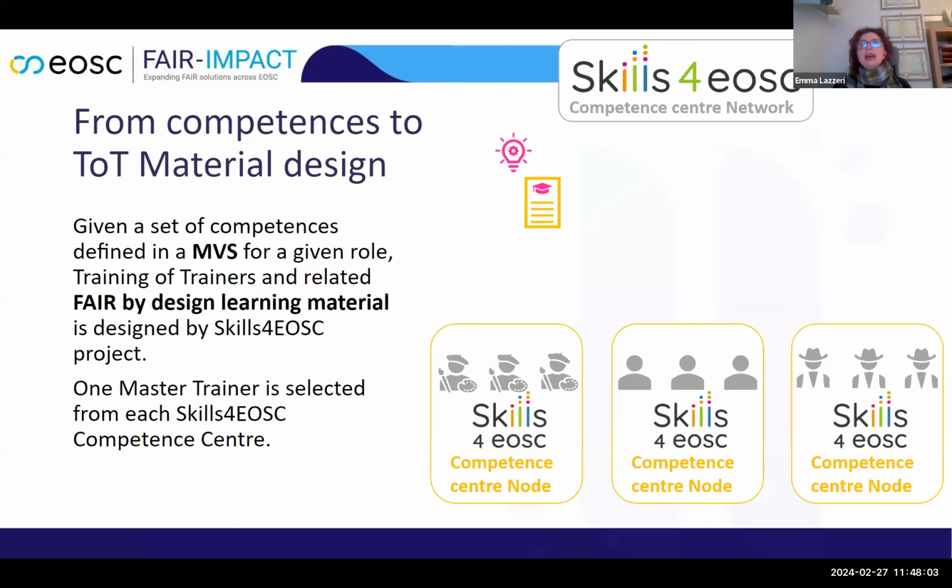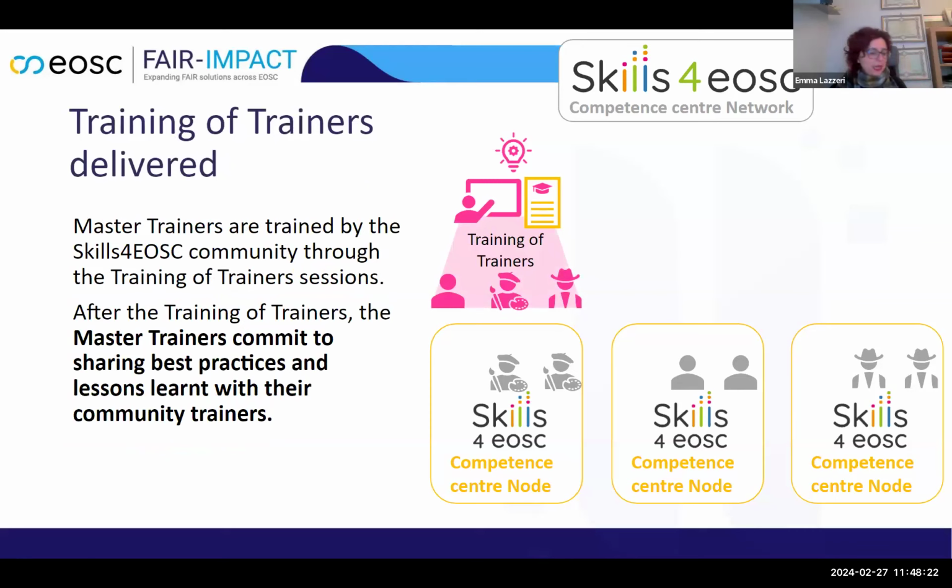Then we design the corresponding learning material. What we do next is that we select trainers from each of the competence centers in our network, so the different countries. We select them and we invite them to participate in the training of trainers that will be delivered starting from March.